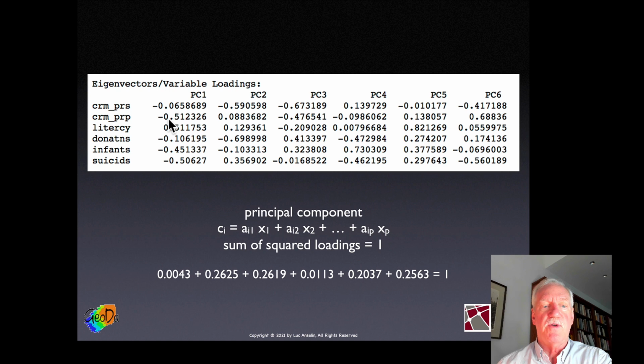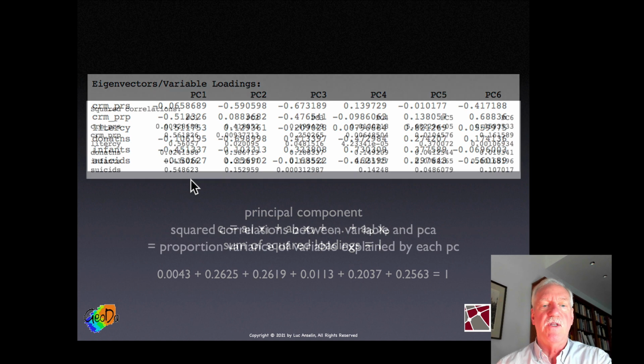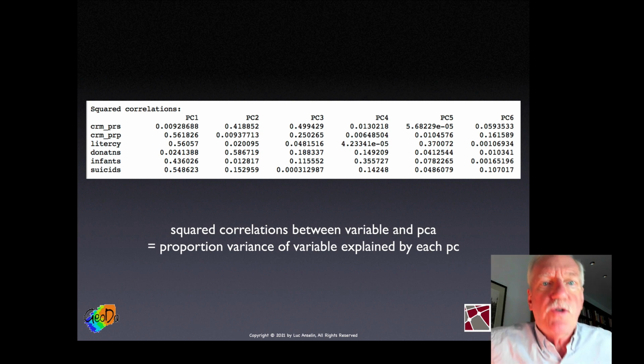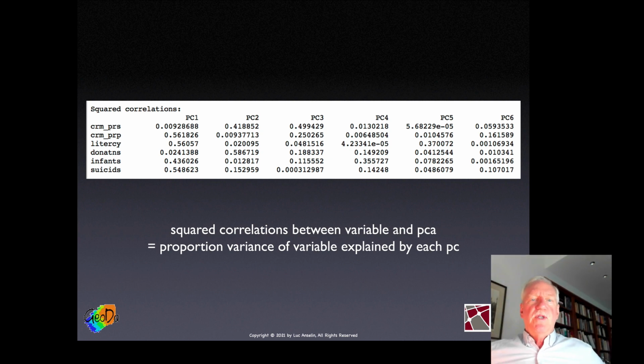That's the strange interpretation. So this is how you can intuitively interpret how the principal components are made up. But as I mentioned, this depends on this arbitrary sign. And to control for that, we take the squared correlation between the original variable and the principal component.